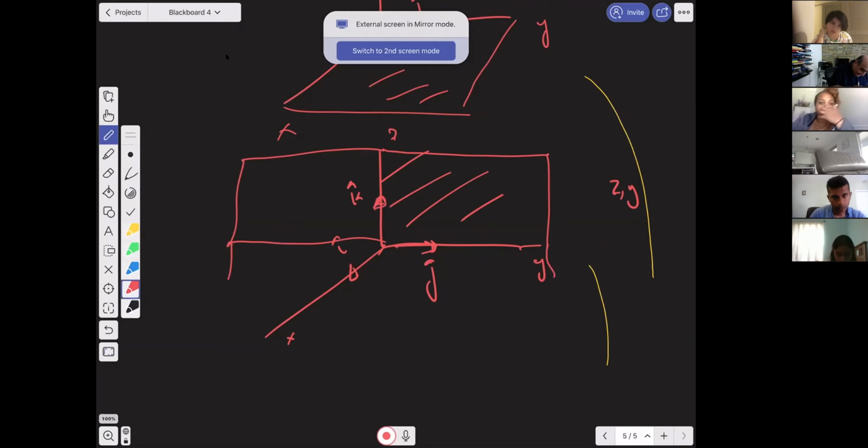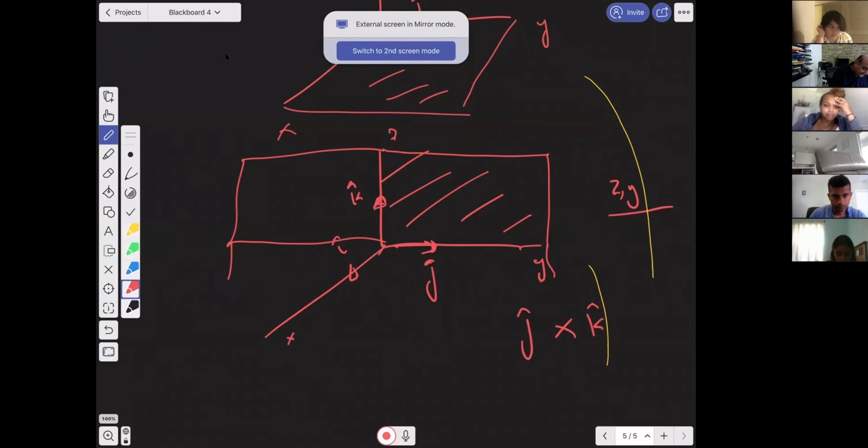They lie down, they are sleeping on the floor, in the plane yz. If I do the cross product of j and k, you know what I will obtain? Is it i? Correct. You will obtain a vector that is perpendicular to the plane formed by j and k.